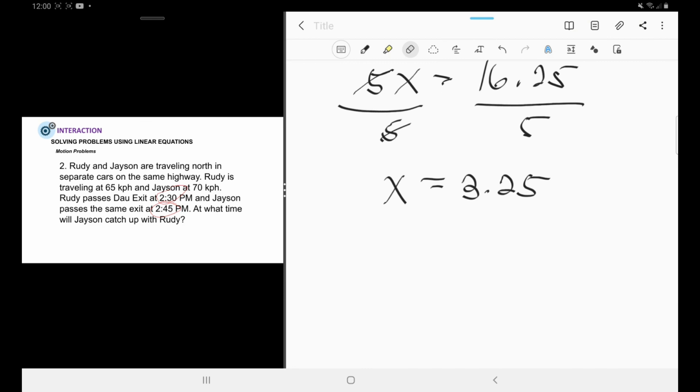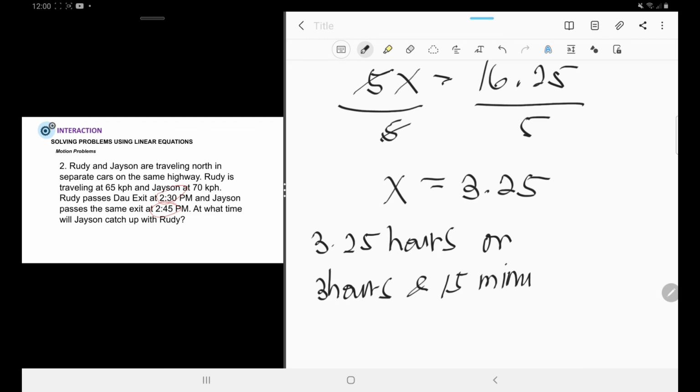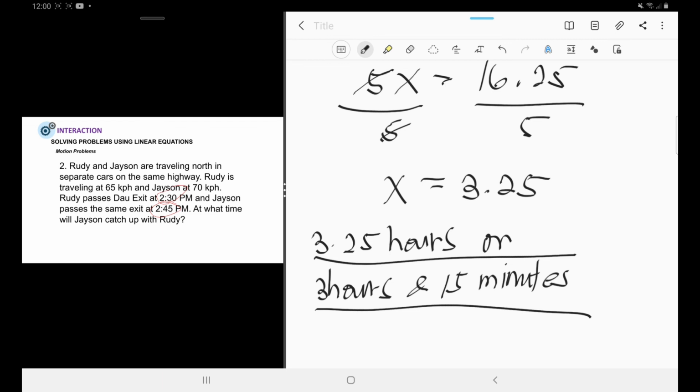Okay, so since x is equal to 3.25 hours, or this is 3 hours and 15 minutes, meaning it will take Jason 3 hours and 15 minutes to catch up with Rudy.